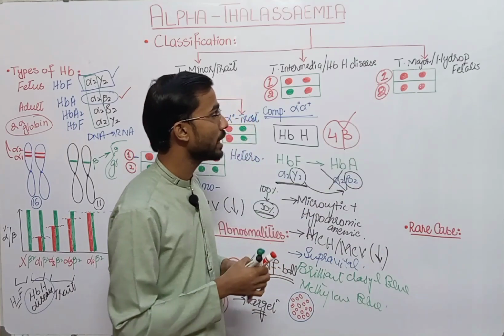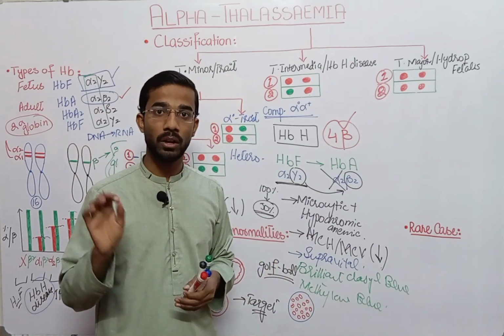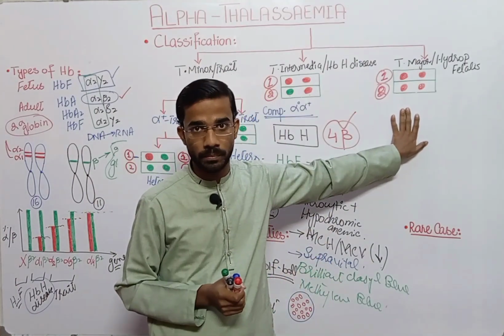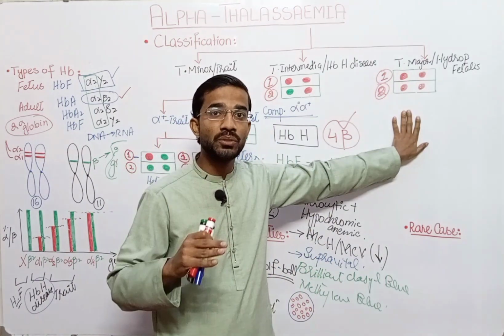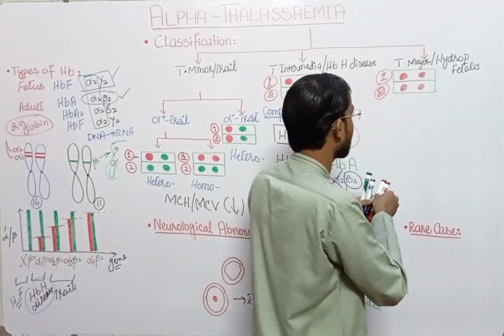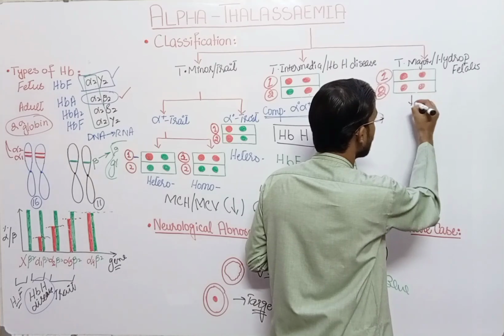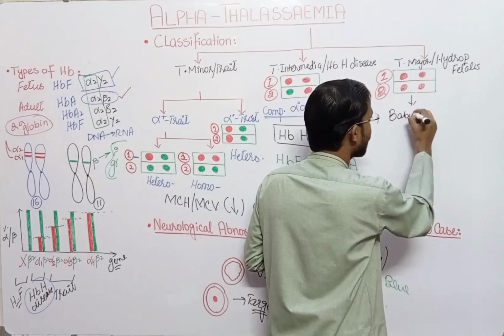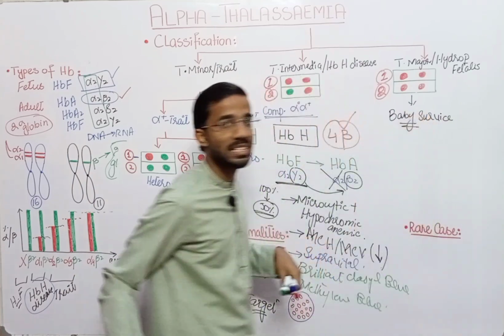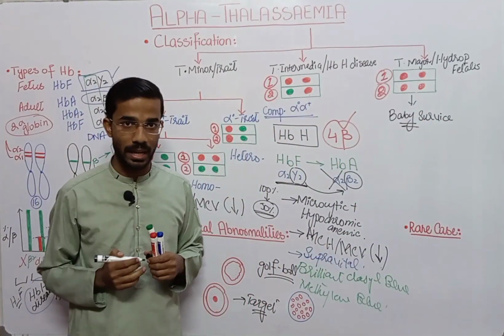So it results in the formation of no alpha globin chain, and this is not a survival condition. In the uterus, the fetus will die because this is not a survival case. In that situation, the baby cannot survive in thalassaemia major, or you can say Hydrops Fetalis.